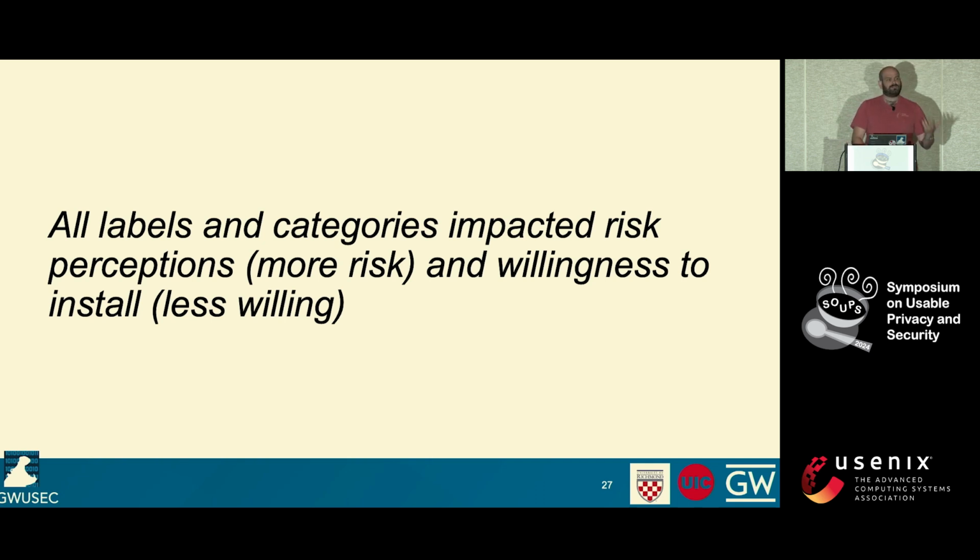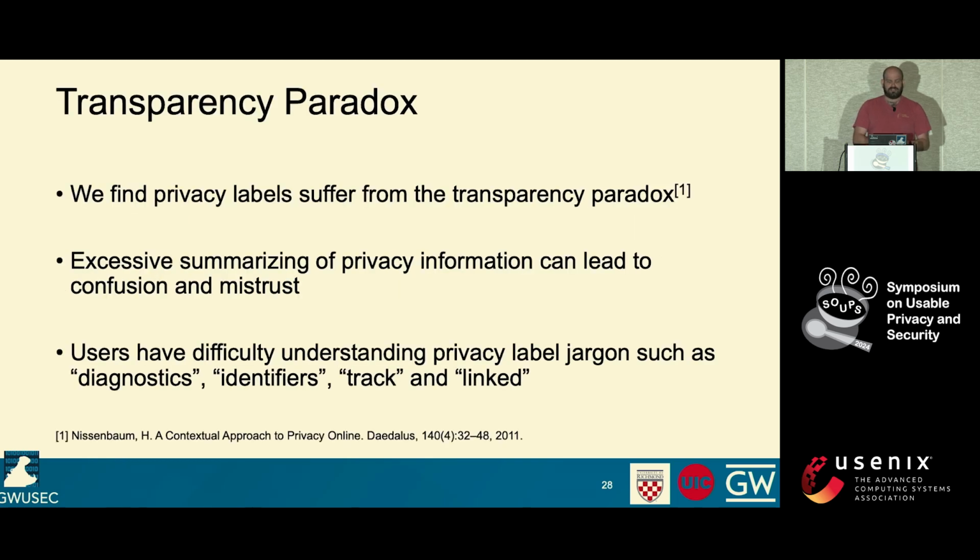But it also brings up another issue, which is called the transparency paradox, which we didn't come up with. It essentially says that when you take information, where you give people all the information, and you synthesize it down, you get this paradox where you're trying to help people understand something more completely by giving them less information, but that less information makes things more vague and makes them more distrustful and unsure of what is actually happening.